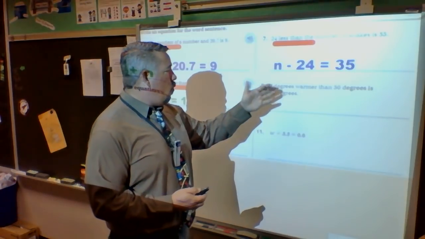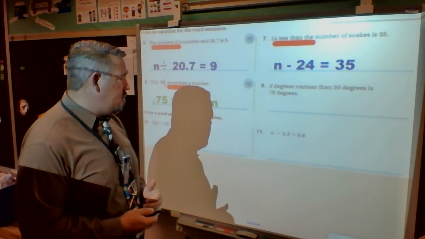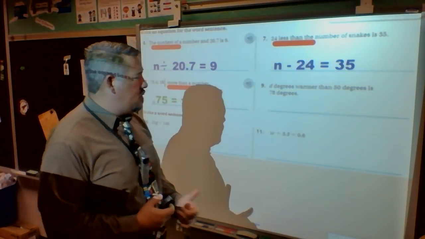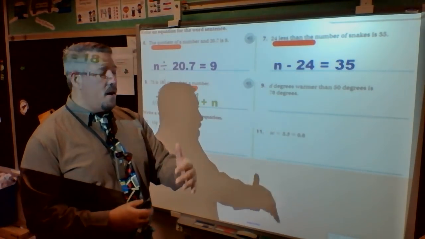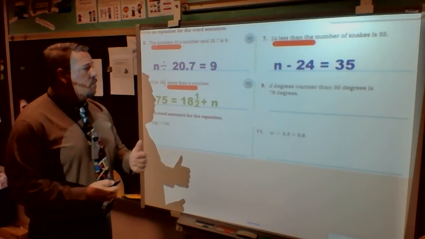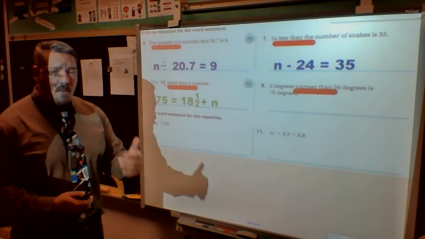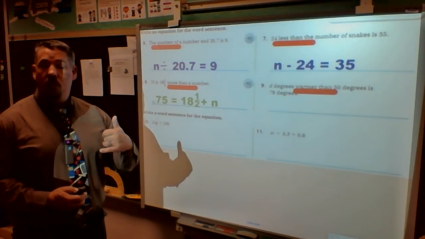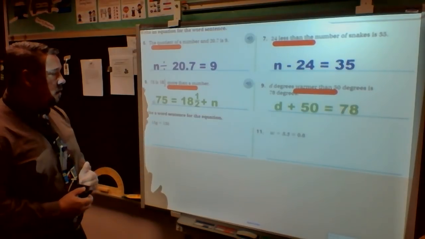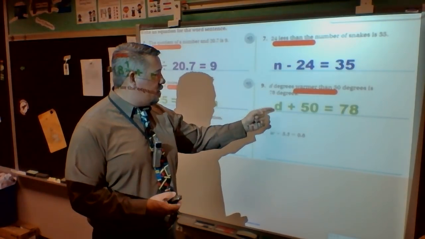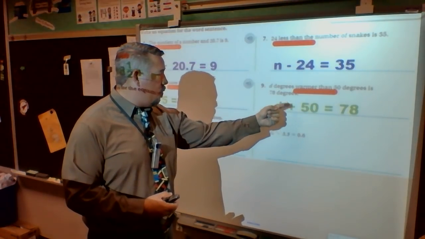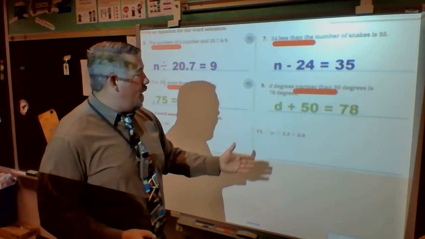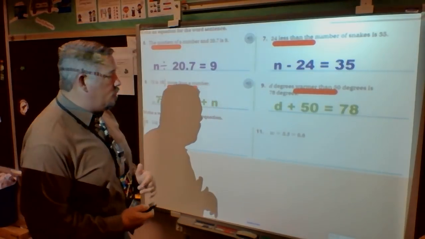D degrees warmer than 50 degrees is 78 degrees. So the "is" I know is my equal sign, and my answer, 78 degrees, is going to go at the end. My keywords being warmer than tell me that I'm going to add, right? So I'm going to take my D for degrees, and I'm going 50 degrees warmer than what? Whatever D is, and I know it's going to be equal to 78.